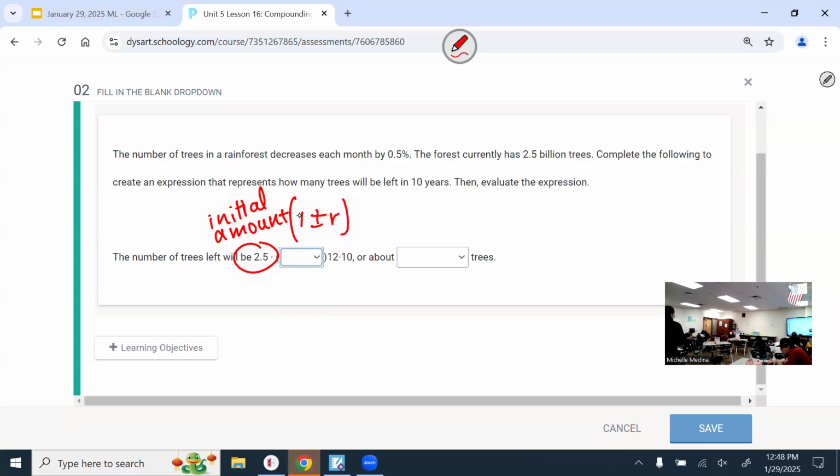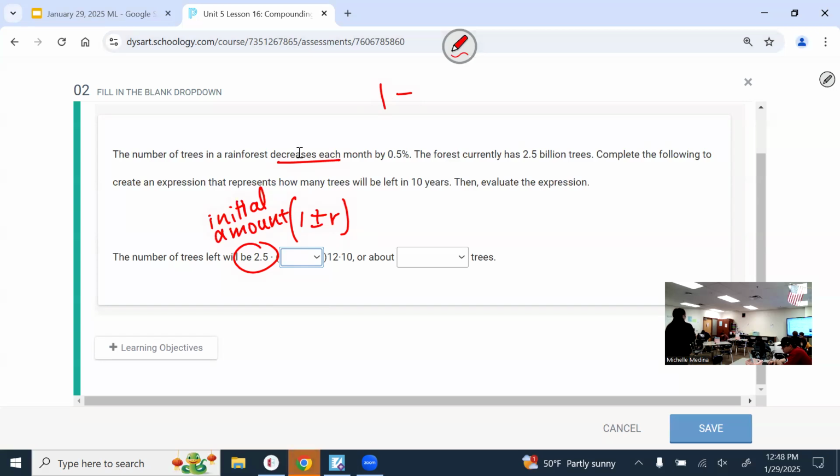Are the trees growing or decaying over time? Decaying. Okay, good, because it says decreases. So whatever it is needs to be smaller than 1. It has to be 1 minus whatever 0.5% is as a decimal.